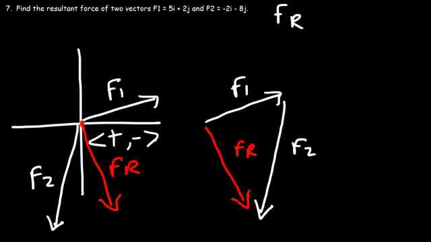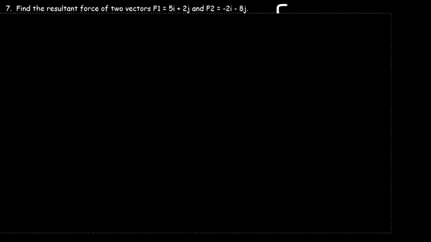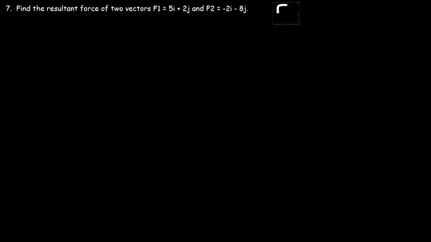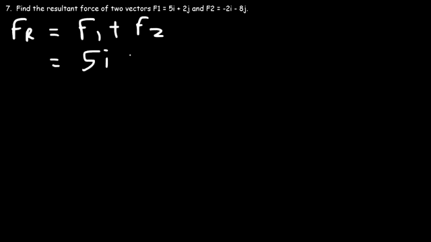So what we're going to do is find the magnitude of the resultant force vector and also its angle. So let's go ahead and begin. The resultant force vector is simply the sum of F1 and F2. F1 is 5i plus 2j.